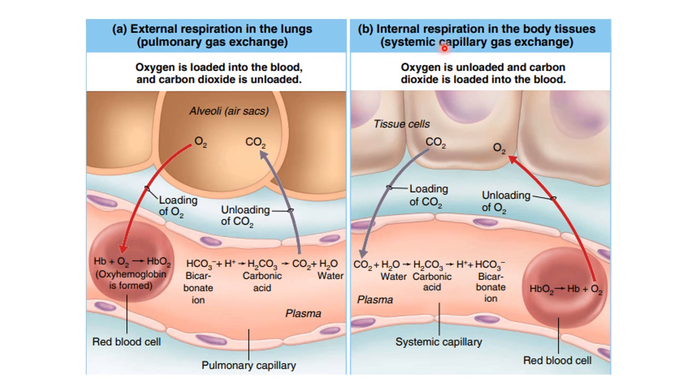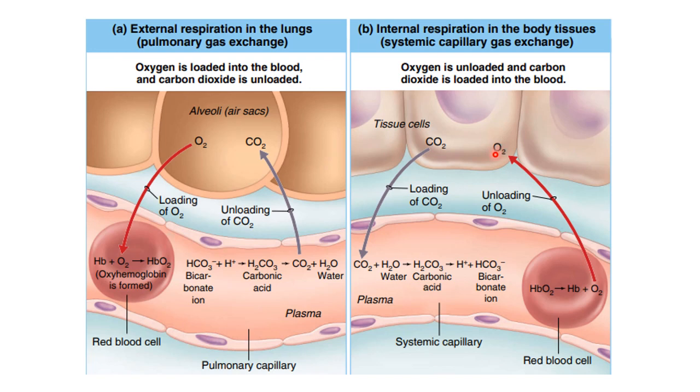Next, internal respiration. This is systemic capillary gas exchange. Oxygen is unloaded from the red blood cells and carbon dioxide is loaded into the blood. So, hemoglobin lets go of its oxygen, and oxygen diffuses into the membrane of the endothelium, into the microcirculation, and into the tissue cells, where the tissue cells will utilize the oxygen to produce ATP.